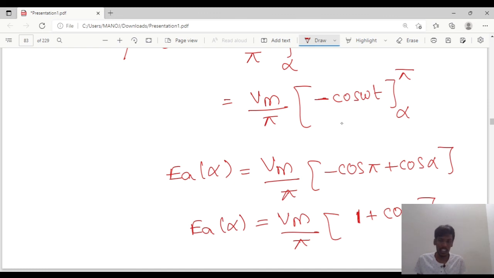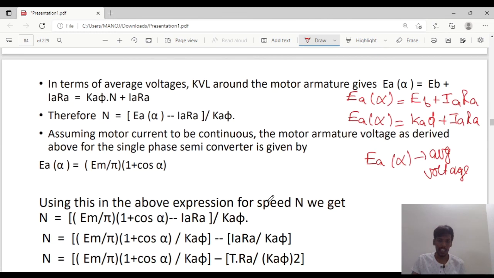I can substitute this EA at an angle alpha equal to Vm by pi 1 plus cos alpha into the back EMF equation. In the next class we will see the current and torque equations. Thank you guys.